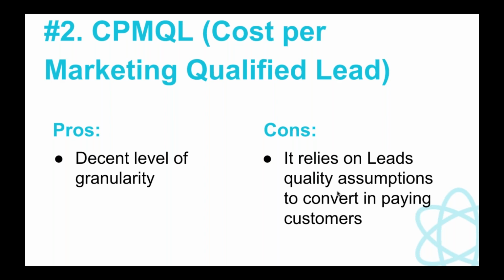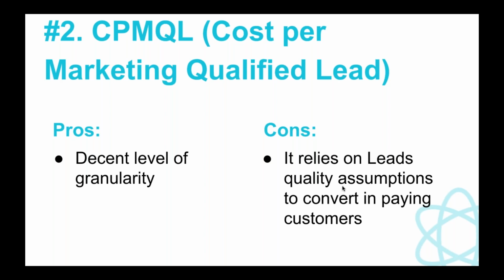So we will go defining that, for instance, on organic traffic, we would expect a better lead quality. Usually on brand traffic, we expect a better lead quality than we're getting on non-branded traffic, or even worse, sometimes on display traffic. So that is the second metric, the cost per marketing qualified lead.